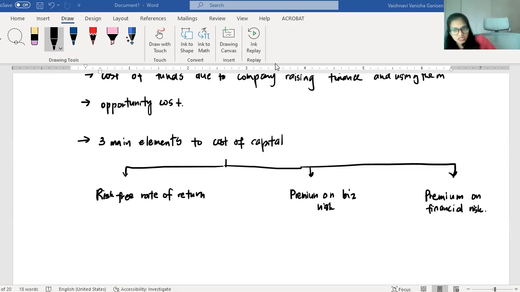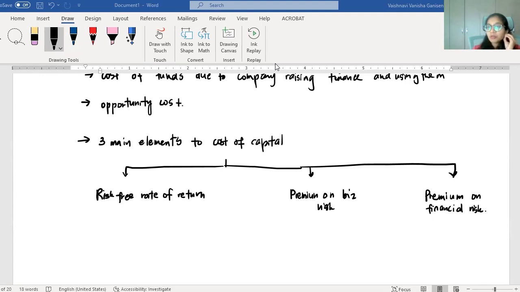Normally the risk-free investments are government bonds, treasury bills. Those are risk-free returns. Why? Because normally government bonds or government securities are highly secured, and hence the investor does not have to bear a high risk. So that is what you call a risk-free return.